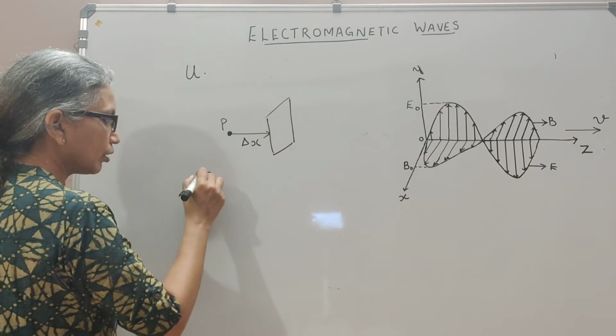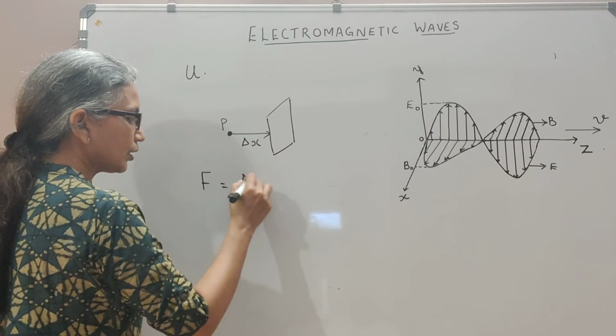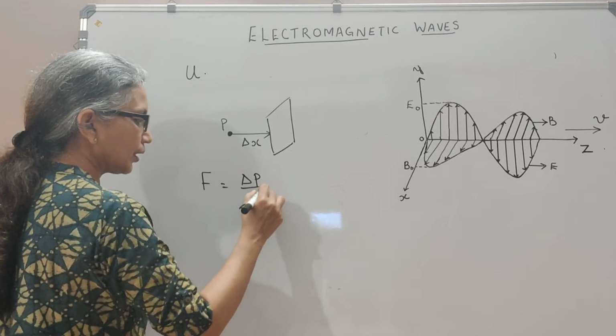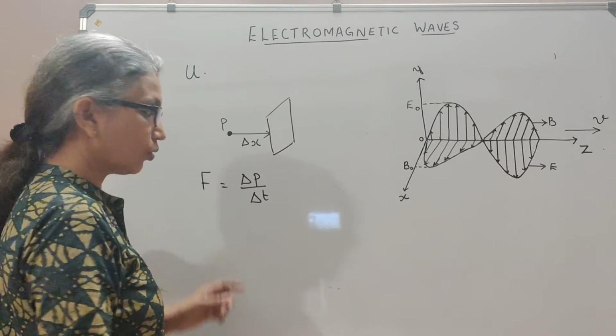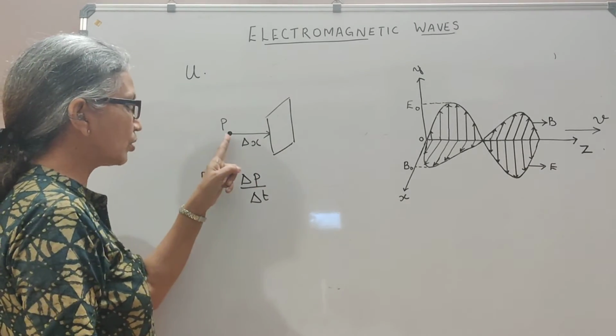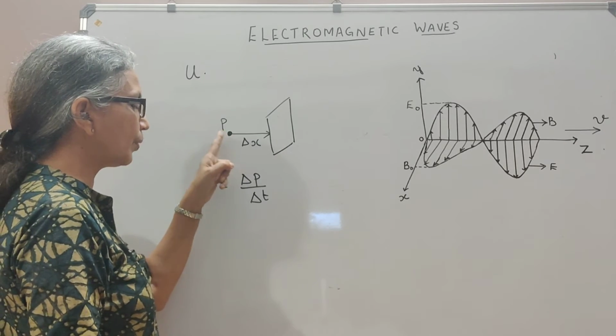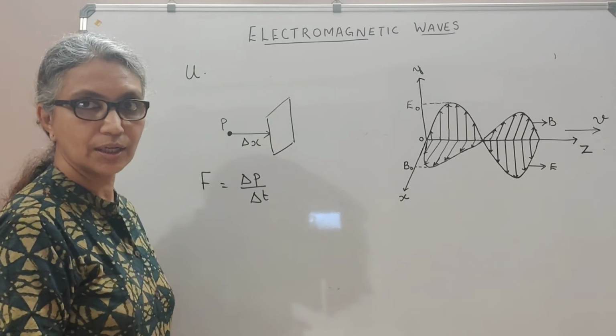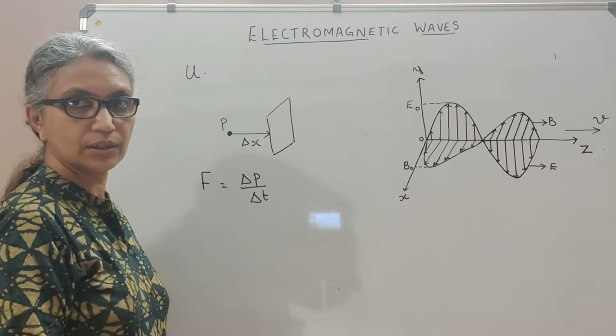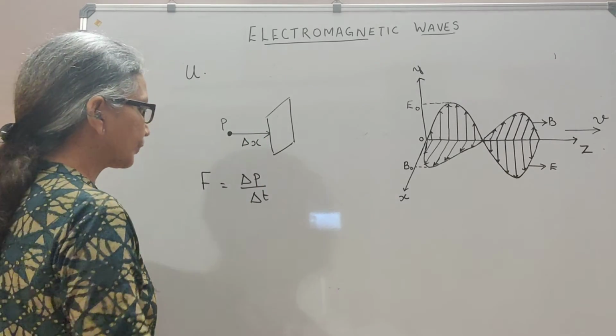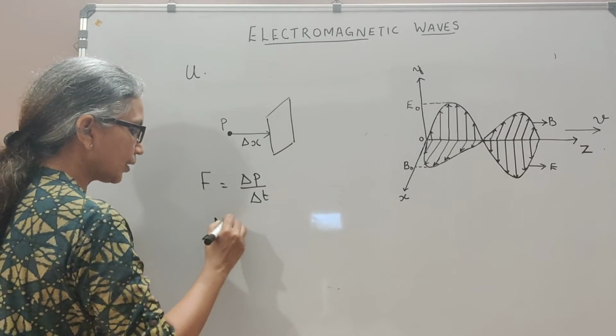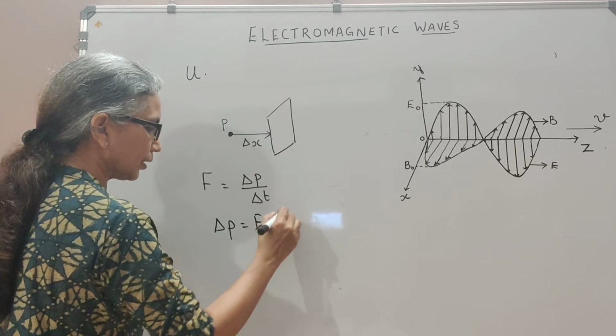By Newton's second law, we know that the force is delta p by delta t, the rate of change of momentum, where this force is the force required to bring the momentum of the particle to 0 as it is absorbed after traveling through this displacement. So from here we know delta p is F into delta t.